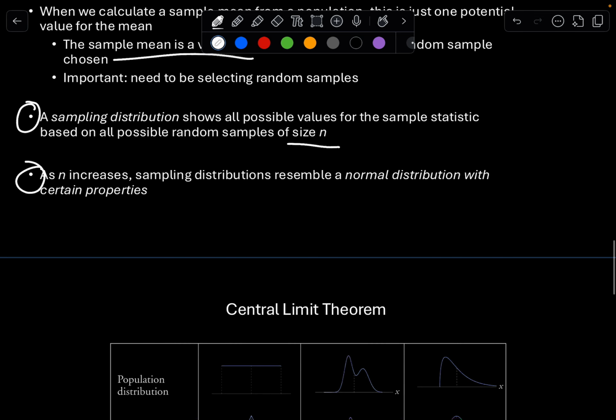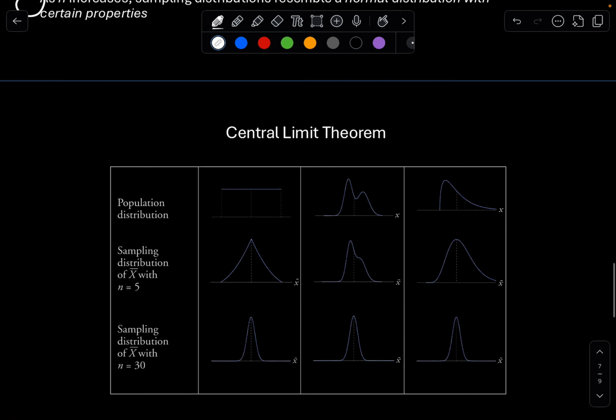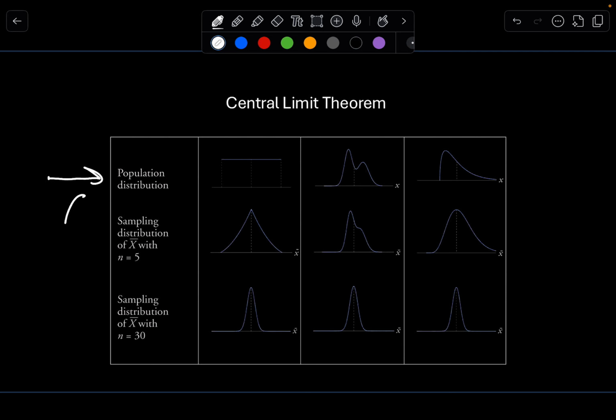This last sentence, we know this. This is called the central limit theorem. So we have various population distributions, the entire population. As we start to sample with a larger number of subjects, the sampling distribution will start to resemble a normal distribution. The population distribution does not have to be normal.